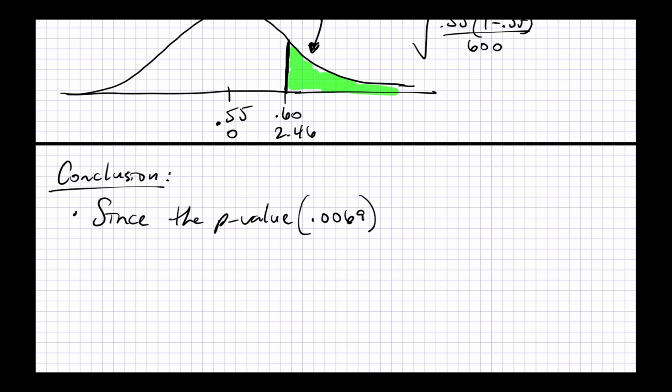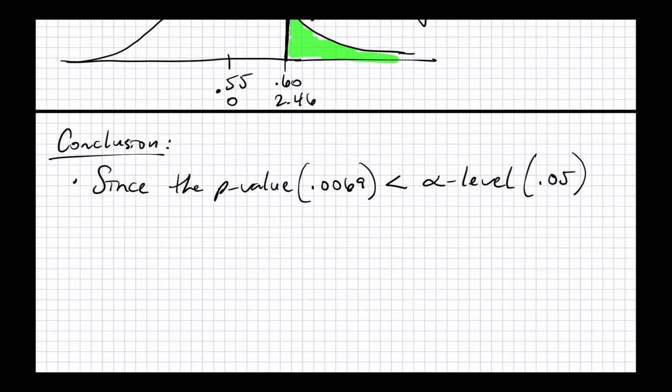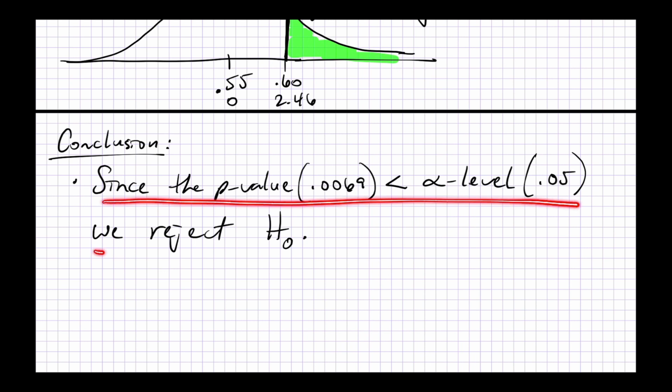Is our p-value going to be smaller or bigger? Smaller, quite a bit smaller than alpha, which is 5%. So since the p-value was smaller, are we going to reject or fail to reject? We reject the null hypothesis. So I combine two things in one: the first part, comparing, the second part, reject or fail to reject.